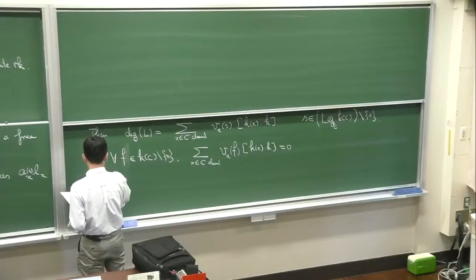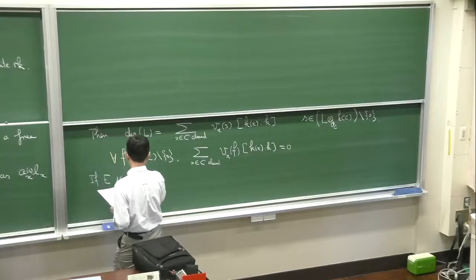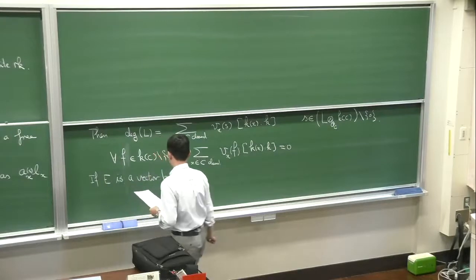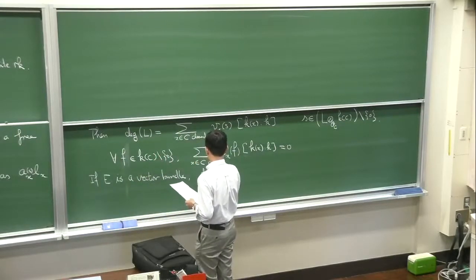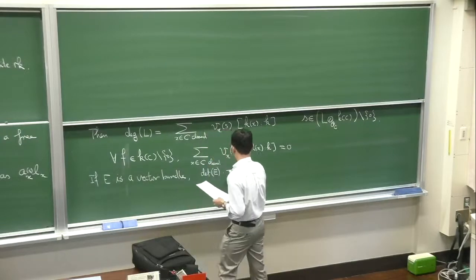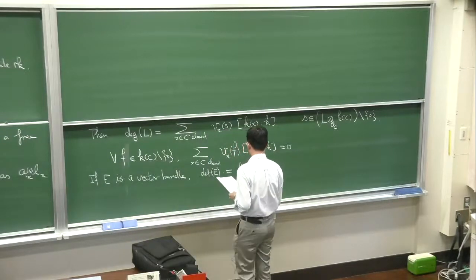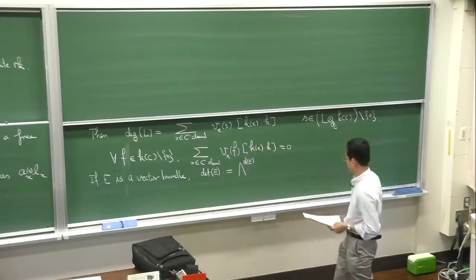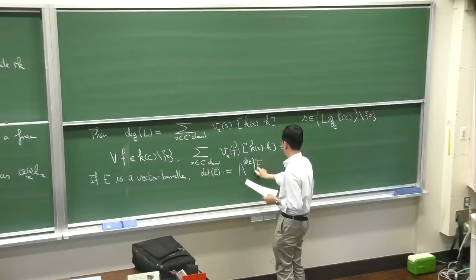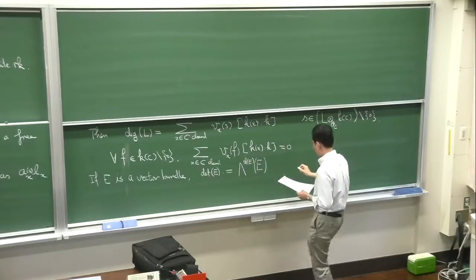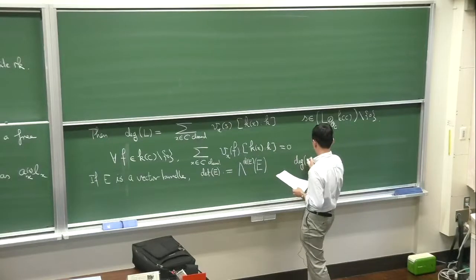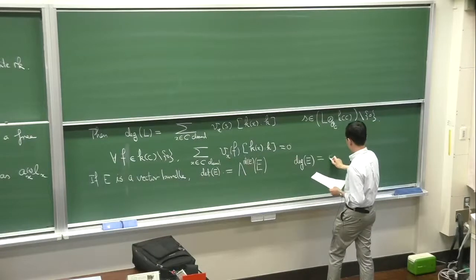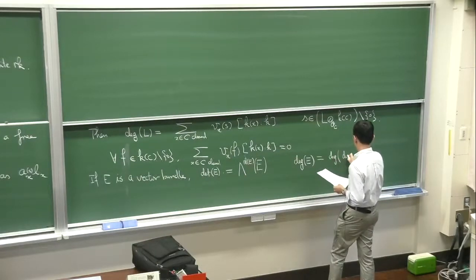For general vector bundles, if you have a vector bundle E, you can consider the determinant line bundle, which is defined as the exterior product of exponent rank of E of the vector bundle E. Then you have the formula: the degree of E is just the degree of this determinant.